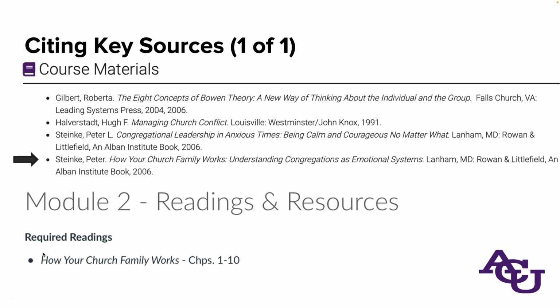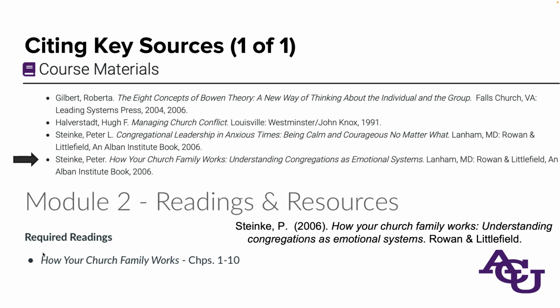In this case, for the assignment, we have the Module 2 readings from How Your Church Family Works, the Steinke book. So if we're going to reference that, we want to make sure the reference is in APA style. And you'll note that not all of the information that is in the syllabus entry, and not all the same formatting, is in the APA style one that I've included below.